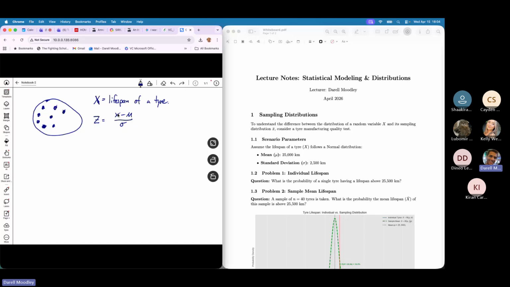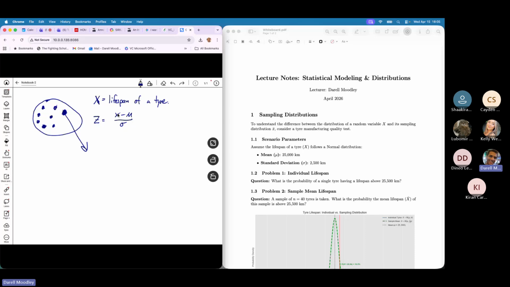All right, so if I was the quality control inspector, and let's say I took this tire here, I'm going to assess the probabilities for this tire, or any tire that I chose at random, but one tire.